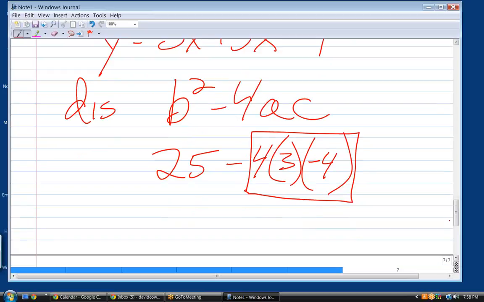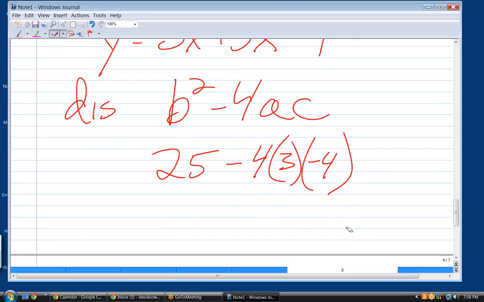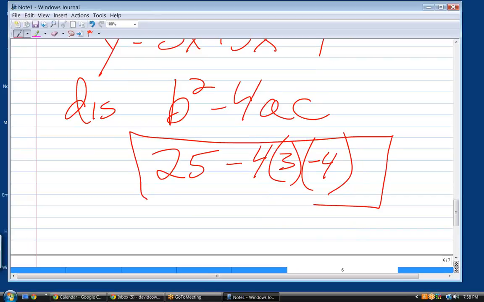And another thing about that, it's real easy to misread this. When you're doing this, if you're in a hurry or something, or if you're taking a test, it's real easy to say 25 minus 4 times 3 minus 4 and treat that as subtraction because it looks like it could be, right?